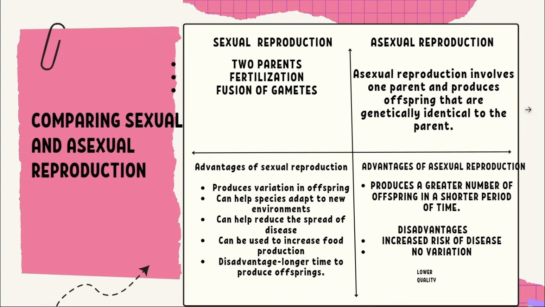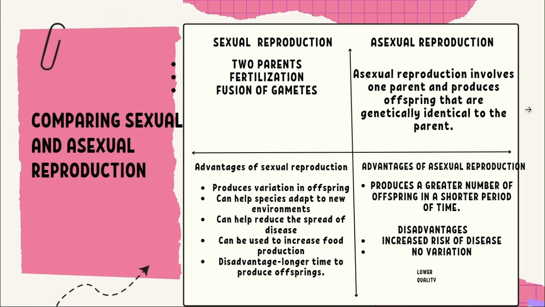And one of the biggest things when you're comparing asexual and sexual reproduction is that what makes asexual reproduction so unique is that it has one parent involved, right? And the offspring are literally identical to the parent. When I say identical, I mean identical, like identical twins. The parent and the child look exactly the same.